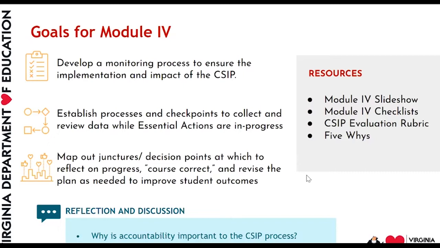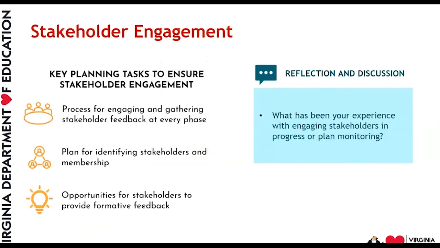Also very important, another critical piece to the monitoring process is stakeholder engagement. And so when we focus on stakeholder engagement, we often think about developing the plan, and we think about our comprehensive needs assessment and kind of bringing in various stakeholders for that. But sometimes it gets lost in the monitoring piece of engaging stakeholders. And your stakeholders are going to know if something's working or not.